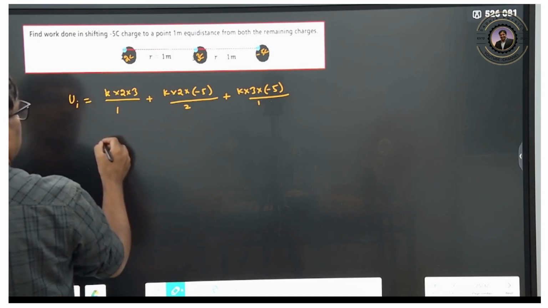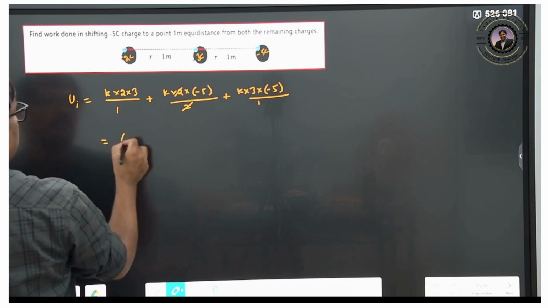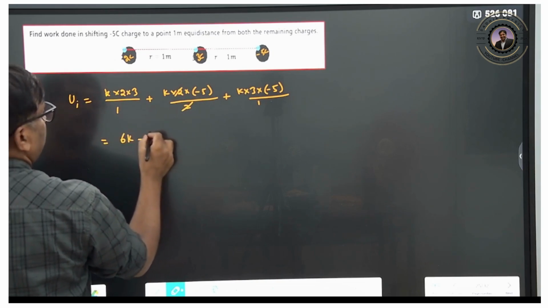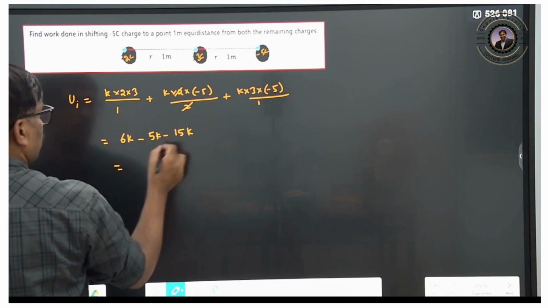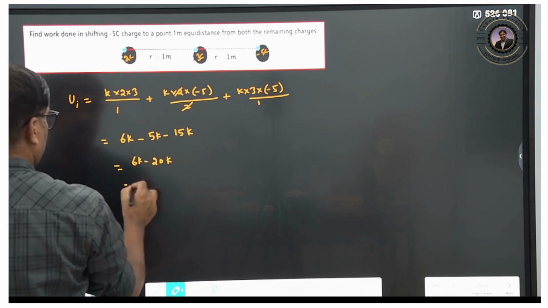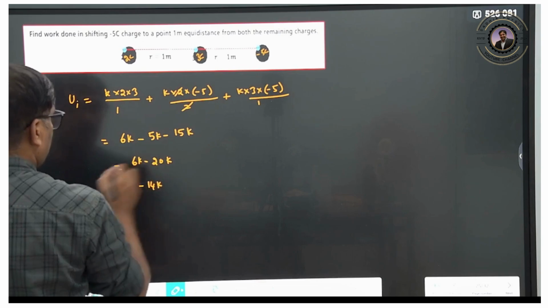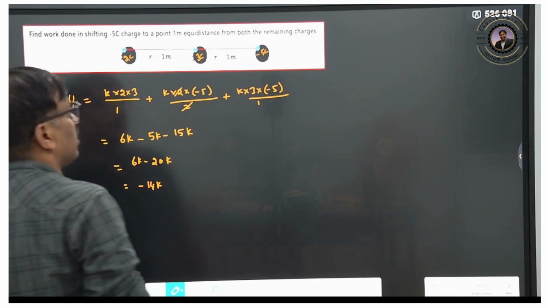Clear? This will get cancelled out, no? So 6k minus 5k minus 15k, so 6k minus 20k, therefore minus 14k. K value is nothing but 1 by 4 pi epsilon naught. Now this is your initial potential energy.